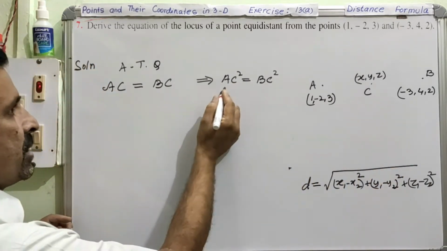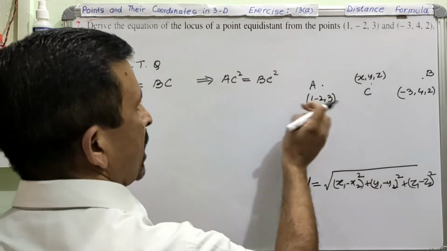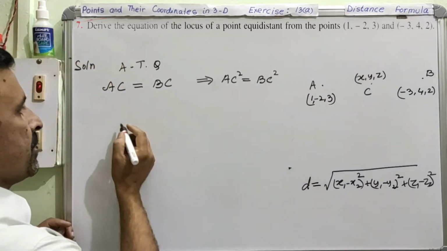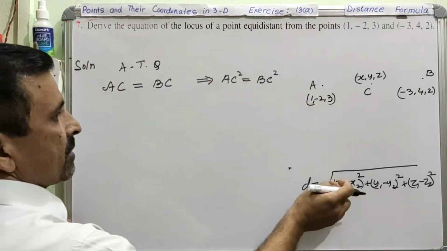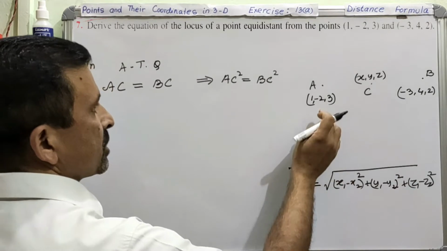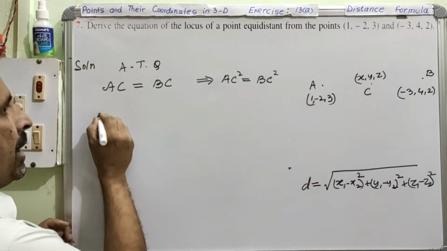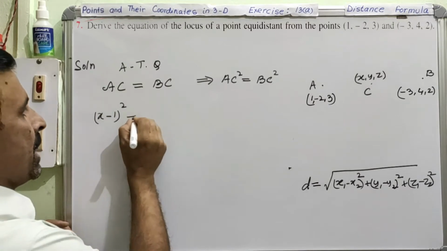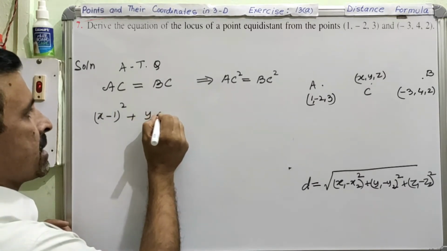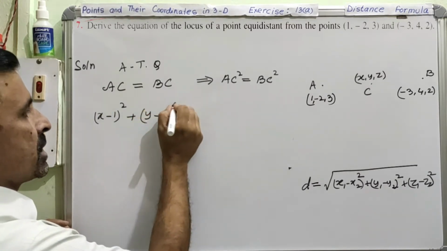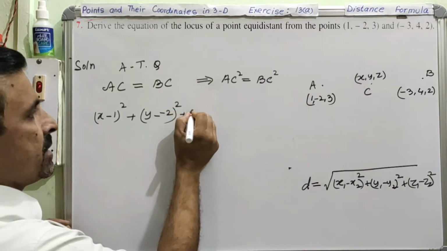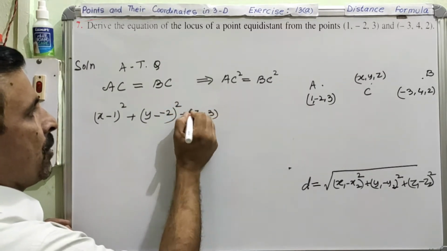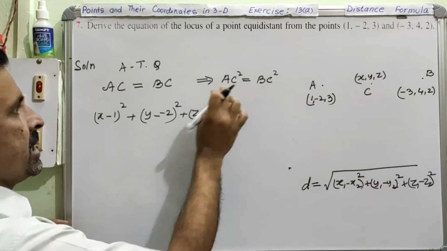So now I am going to continue. Let us write this AC square here. Just with AC square you will get the same thing without the root sign. So now x minus 1 whole square plus y minus minus 2 whole square plus z minus 3 whole square. This becomes your AC square.